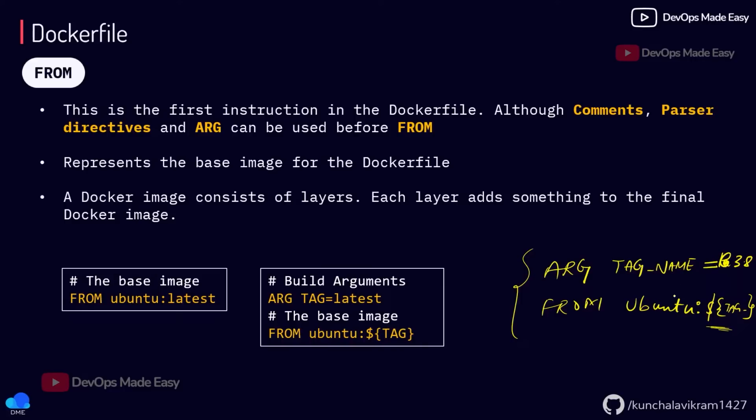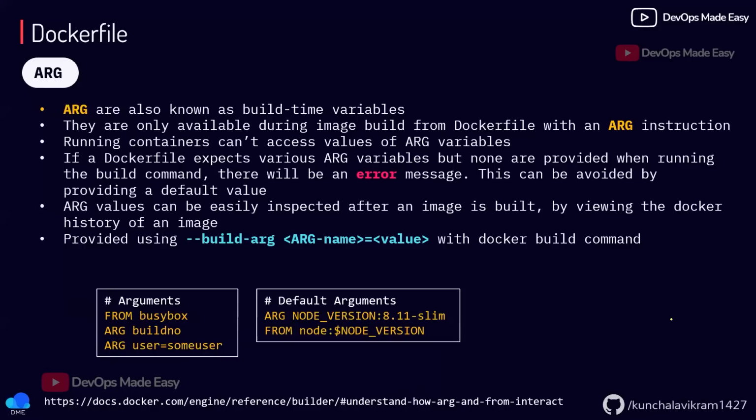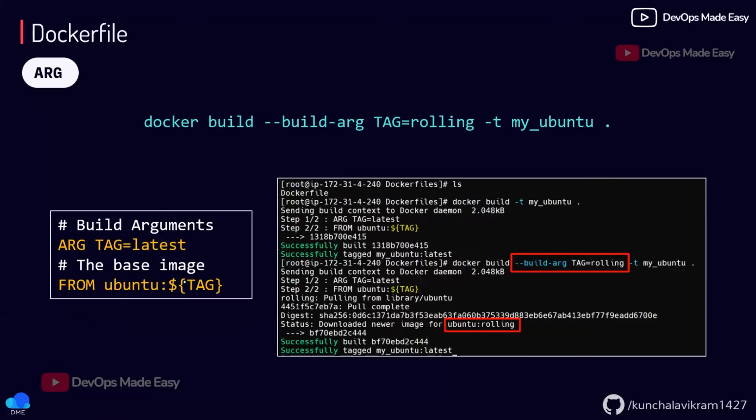So these arguments are basically called build time arguments. The meaning of build time arguments is, for example, I'm saying ARG tag is set to latest. Again, FROM Ubuntu colon dollar tag, which means this will be latest, because I mentioned tag as latest.